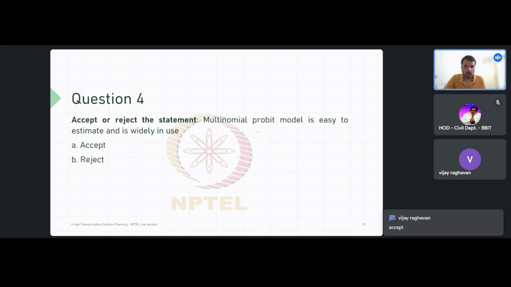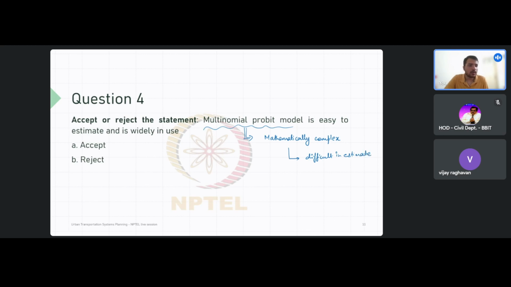So as we saw in the mode choice, we have multiple types of model. Depending upon the use case, we will use different models. So here we have the multinomial probit model. The problem with this model is that it is mathematically complex, and therefore it causes difficulty in estimation compared to the other models.